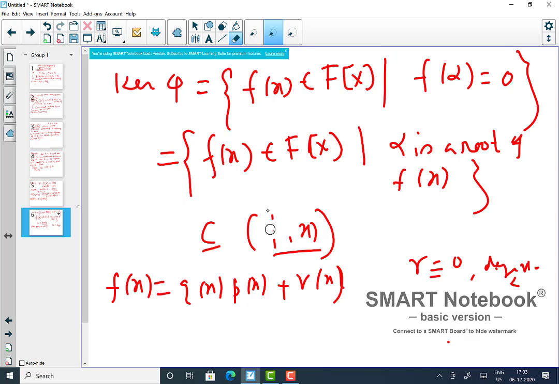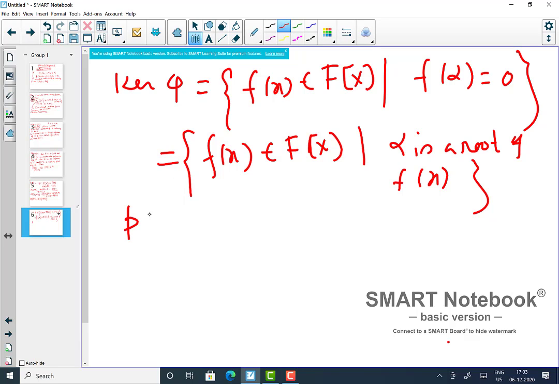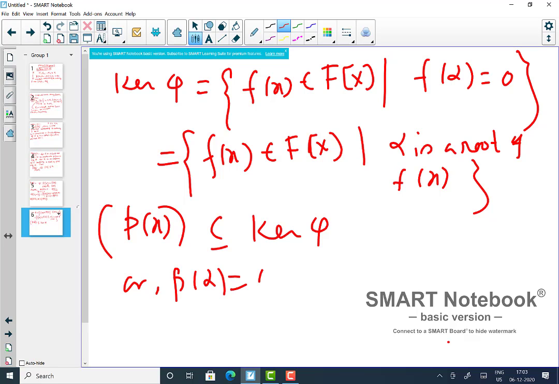So I can say only one thing that is obvious: the ideal generated by p(x) is inside the kernel, as p(alpha) equals 0.